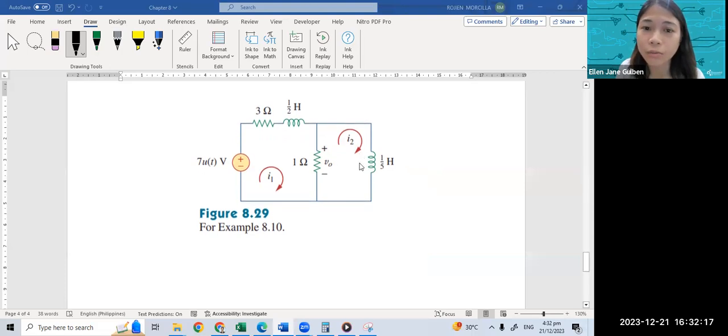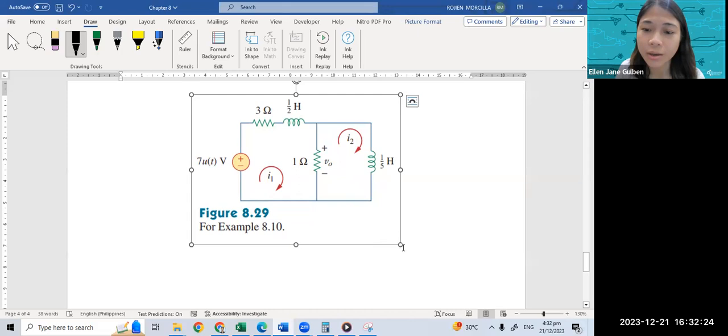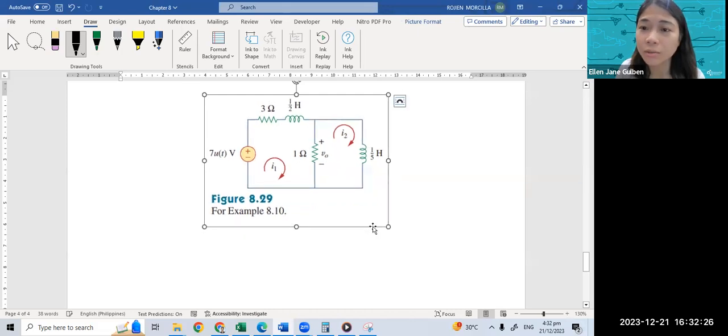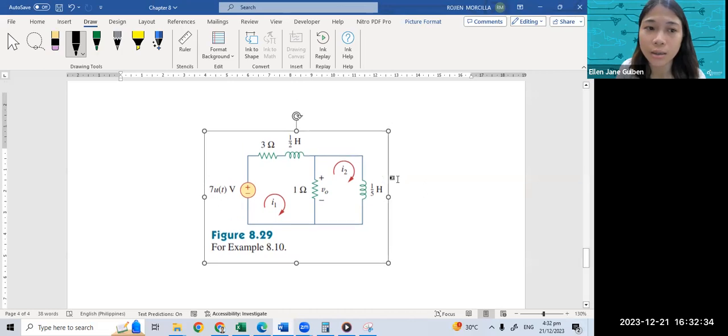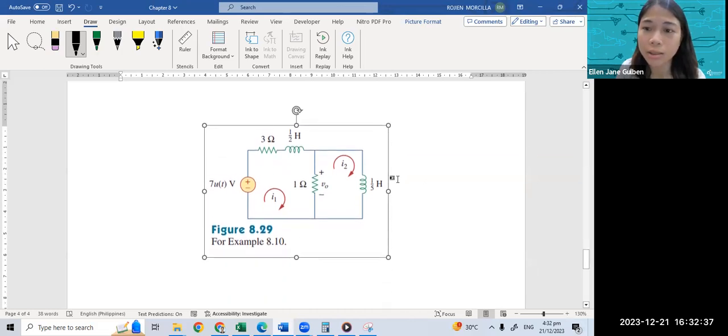But this one was solved using the current, but now for pedagogic reasons, we will be solving it in terms of voltage. So you will know how to solve the current and voltage in the same circuit.